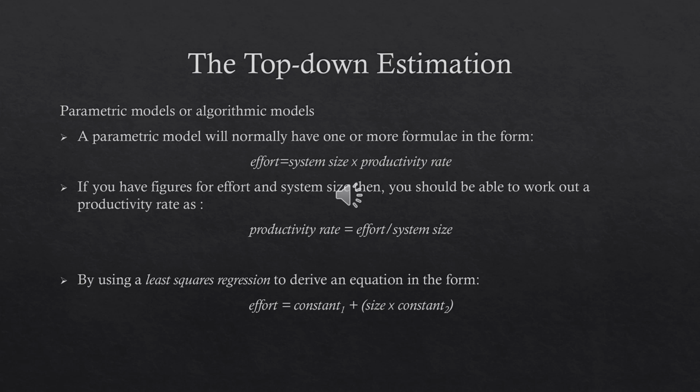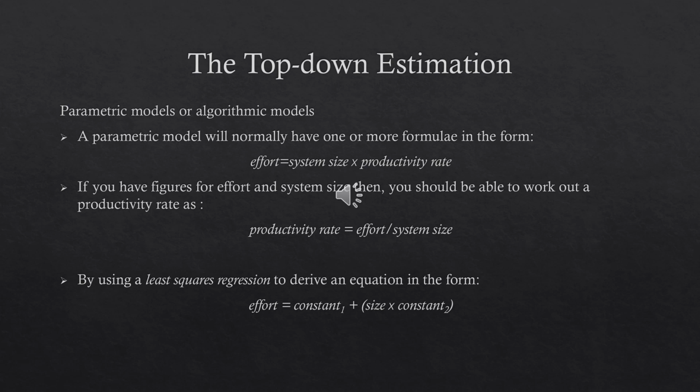Also, a more sophisticated way of doing this would be by using a statistical technique. That statistical technique is least squares regression. Using least squares regression, we can derive an equation based on the system size and effort.